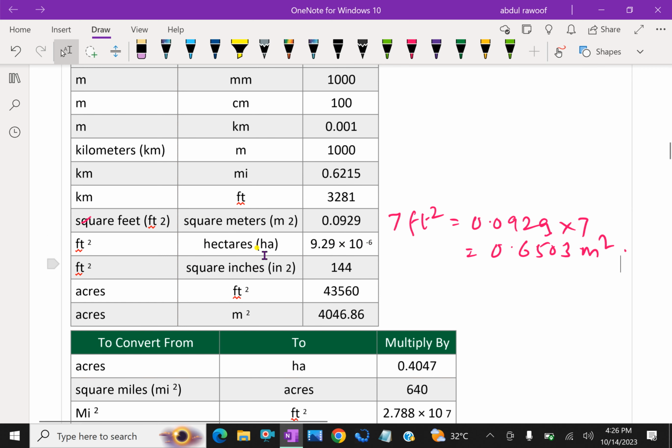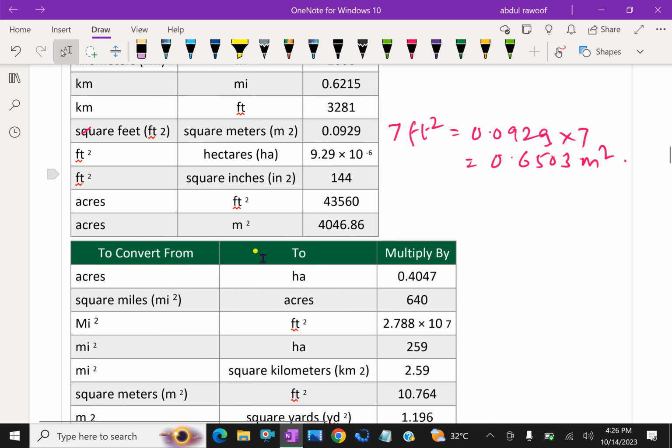The conversion factors are very useful for quick calculations.